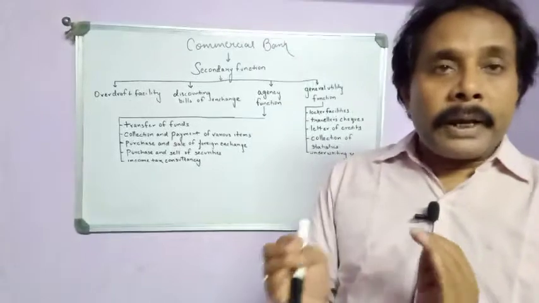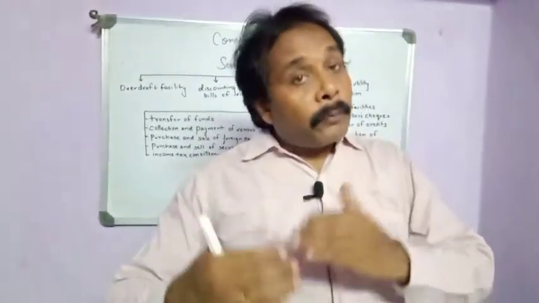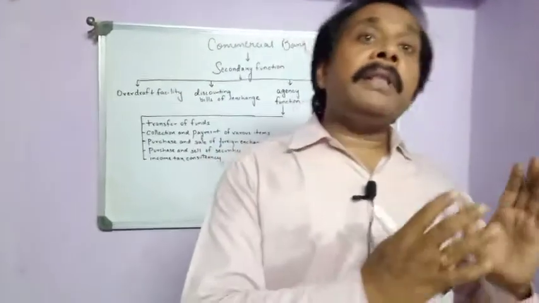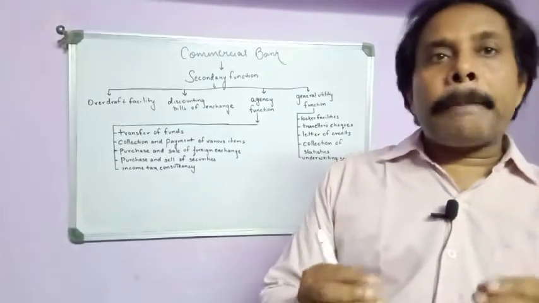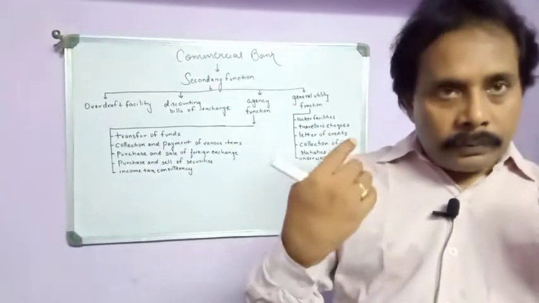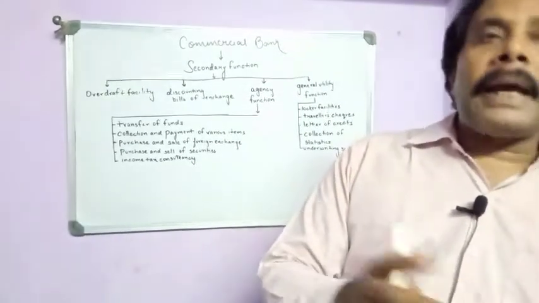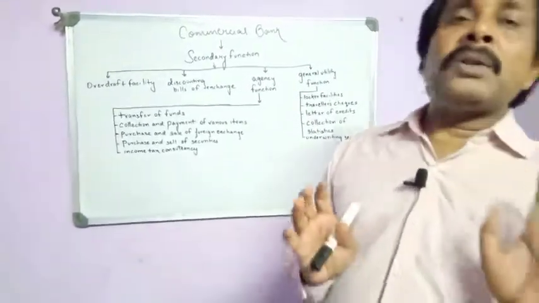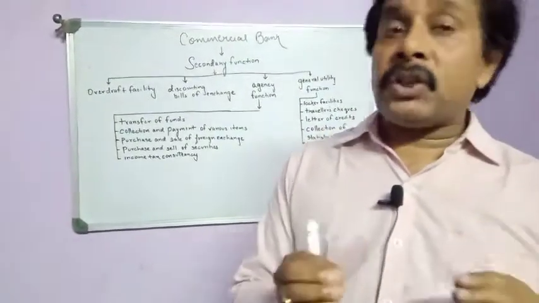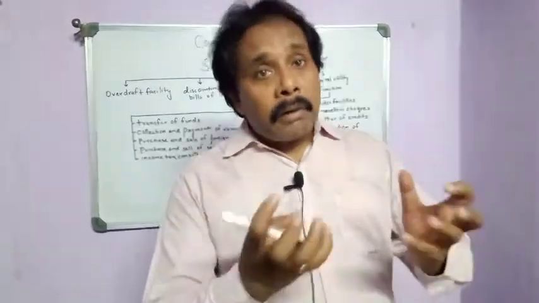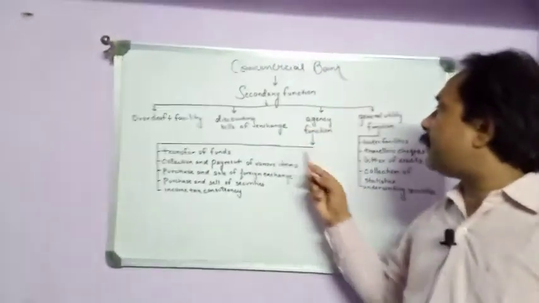So in this way, on the basis of the bill, he can get the money before the maturity date, and when the maturity date comes, the bank will exchange that bill for money, and it will take 10,000 rupees. So in this way we can say it is a very good method by which the commercial bank earns money. Is it clear? Now come to the agency function.